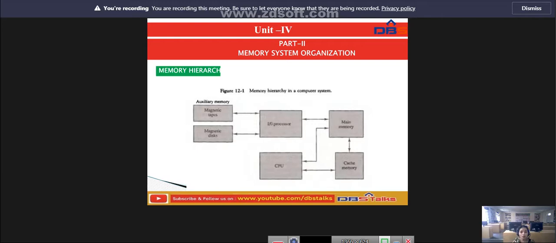The part of the computer system that supervises the flow of information between auxiliary memory and main memory is called the memory management system.